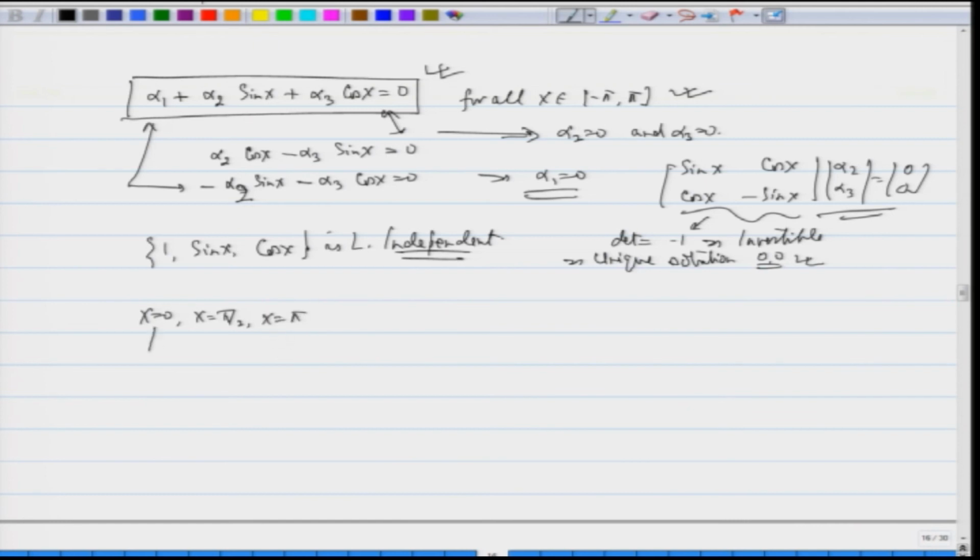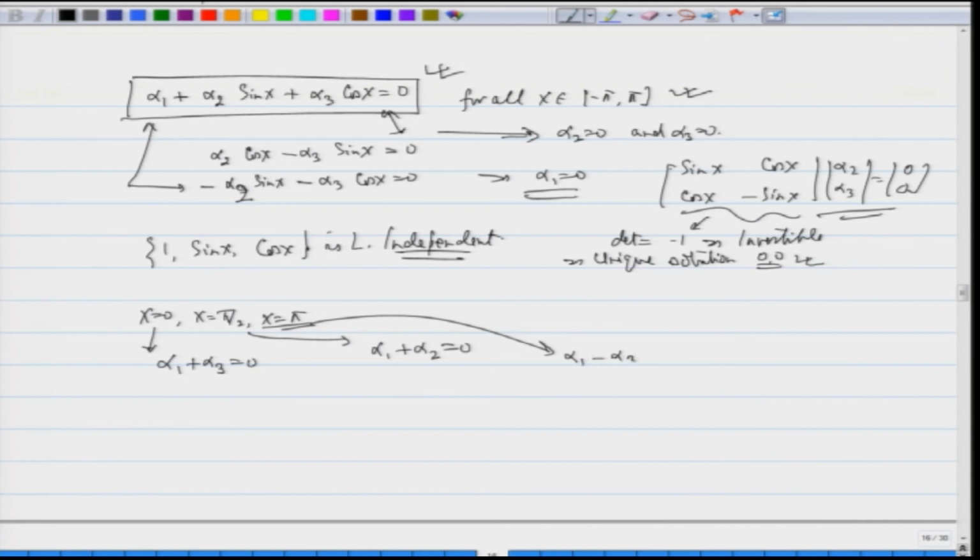So, if I do x is equal to 0, what do I get? Alpha 1 sin 0 is 0, alpha 1 plus alpha 3 is 0. At x is equal to pi by 2, I will get alpha 1, sin of pi by 2 is 1 and cos of pi by 2 is 0. So, I will get this, and at x is equal to pi, I will get the third equation, which is alpha 1 sin of pi is 0, cos of pi is minus 1.